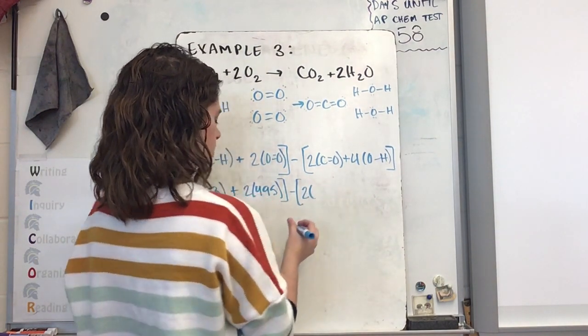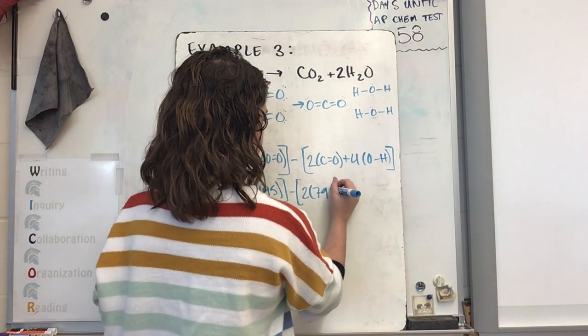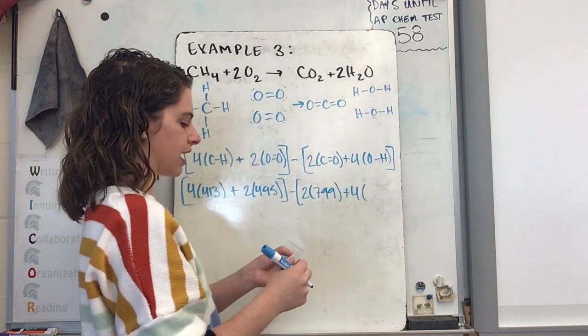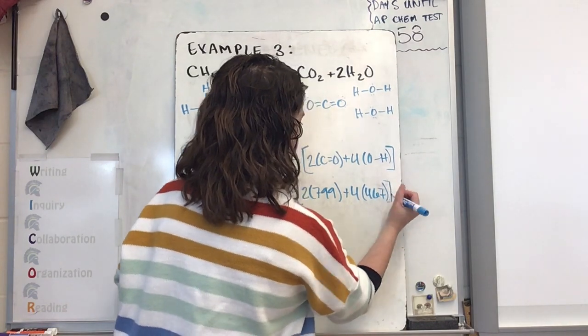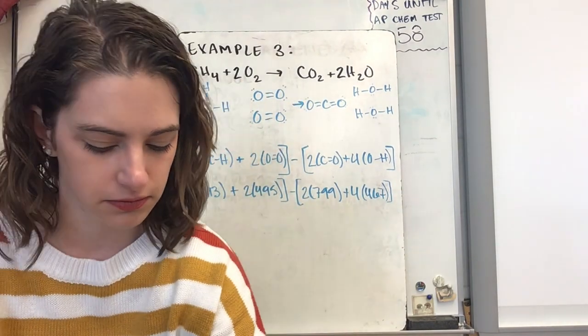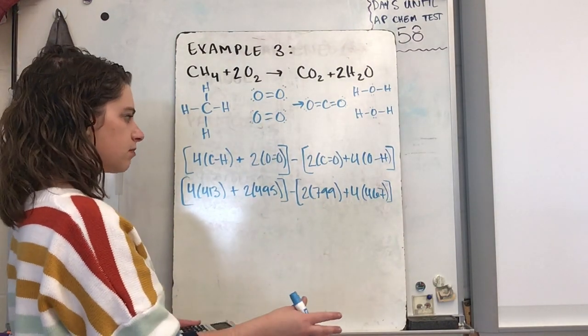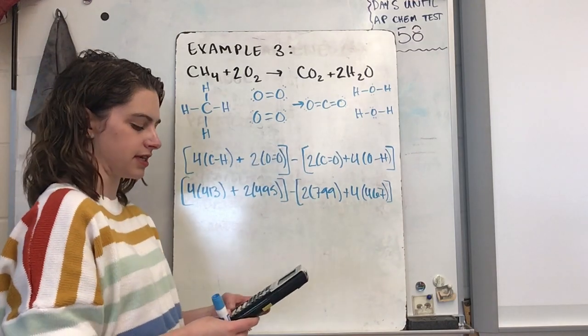I've got 2 COs. My CO double bond is 799. And then I've got 4 OHs. My OH is 467. Okay, so I'm going to start calculating my numbers. You can type all of this into your calculator if you want, or you can do it step by step. I'm going to do it step by step just for our example.